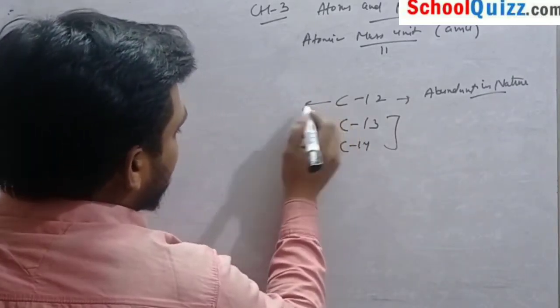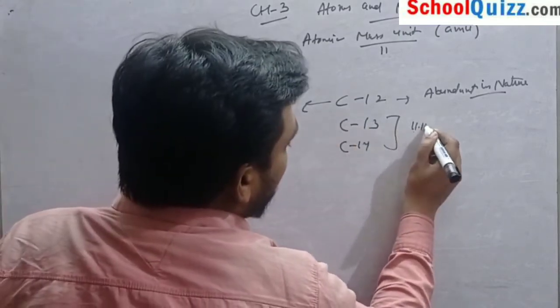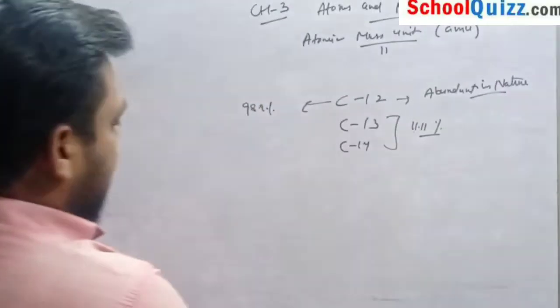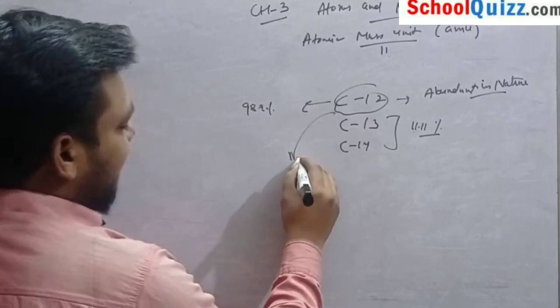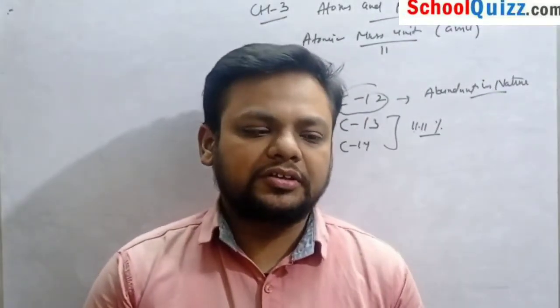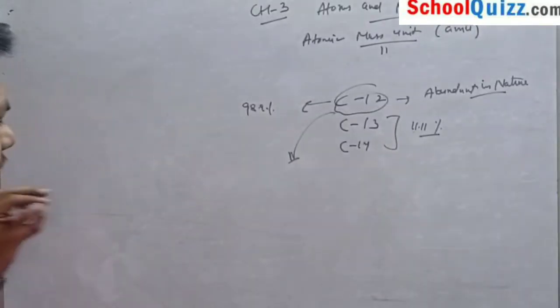For example, it is like 98.9%, whereas both of them have an abundance of 1.11%. So carbon 12 was taken as reference because it was neither too reactive nor less reactive. It is just moderate. Okay, so carbon C12 was taken.